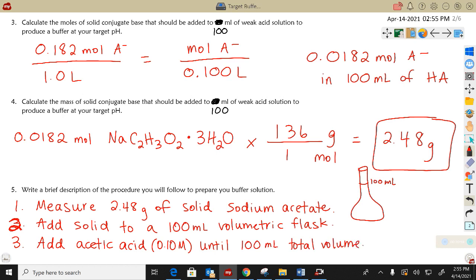And then we'll just say swirl or stir to dissolve. Swirl to dissolve.